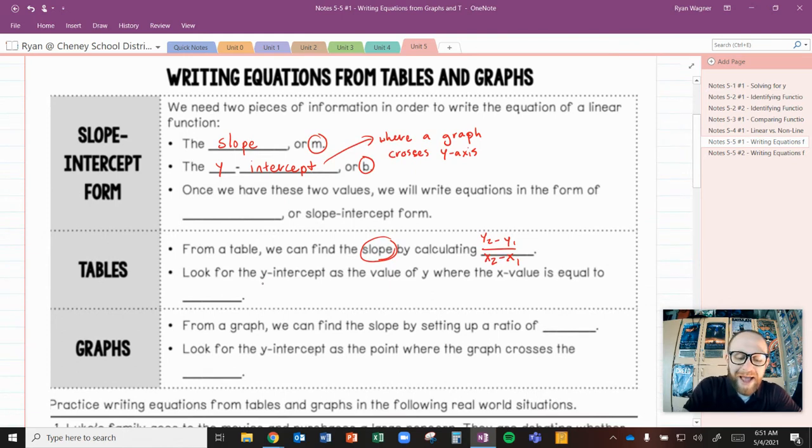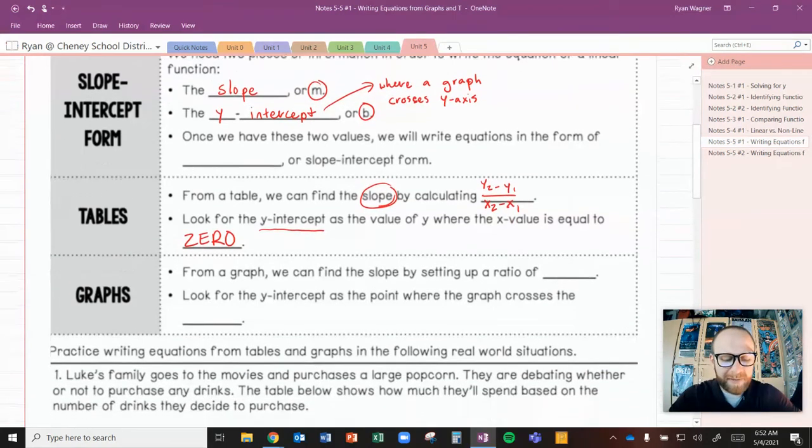Look for the y-intercept as the value of y where the x value is equal to 0. So what that means is in our table, we're going to find where x is 0. The y value that goes with it is our y-intercept.